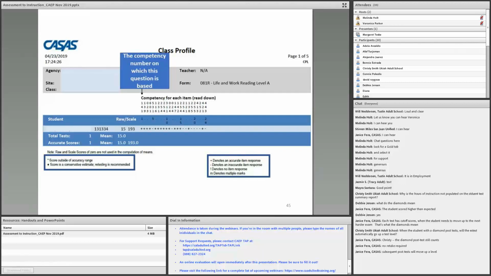The mean score was 15, a raw score, and the scaled score was 193, which is kind of low, but it was a level A 81R. This tells you which competencies the students are doing well at, the pluses, and what they're not doing well with, which is the minus. So later in the test, it gets harder, looks like, for the students. Those are accurate and these are inaccurate.